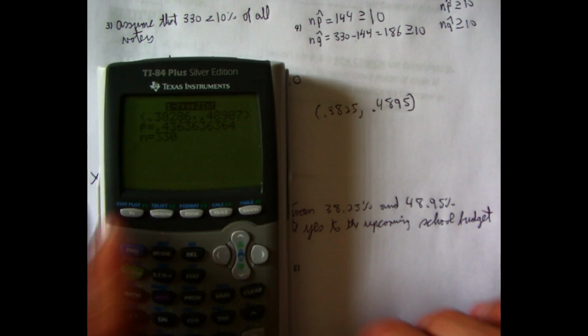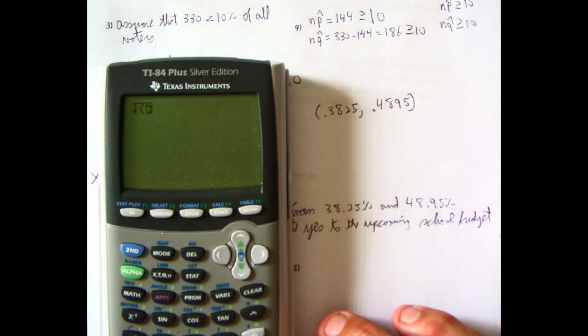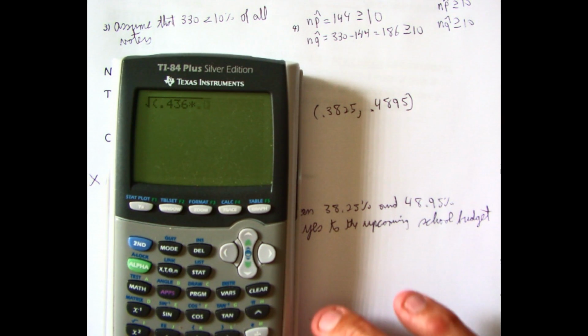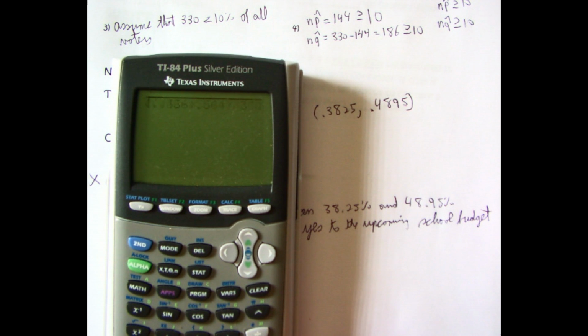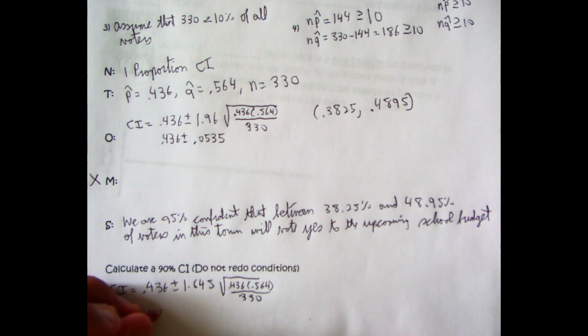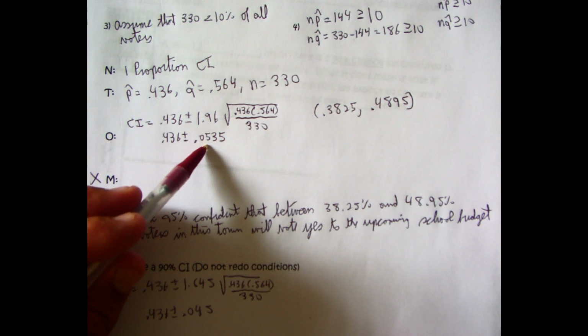So again, I'm going to do the same kind of thing that I did, in that I'm going to do the square root of 0.436 times 0.564, close parentheses, divided by 330, and then I'm going to multiply that by 1.645, and that's 0.04, let's round it to 0.045. So this is 0.436 plus or minus 0.045. This is 0.436 plus or minus 0.0535.